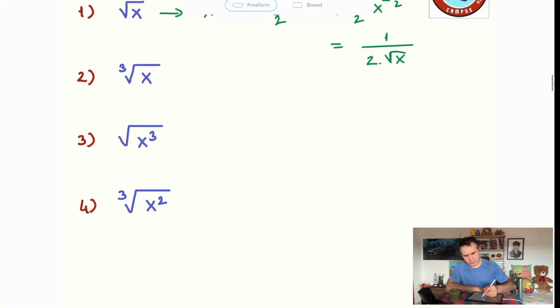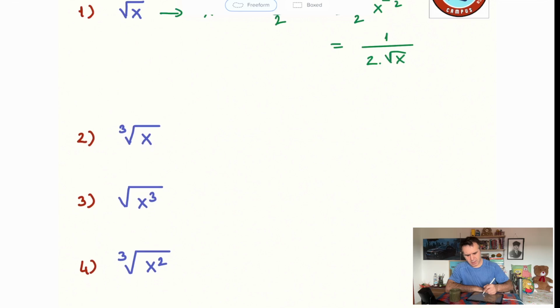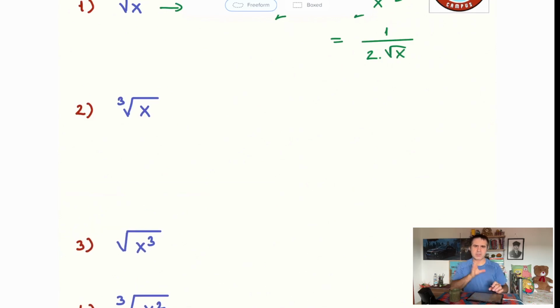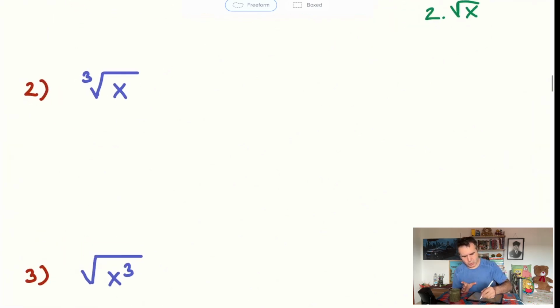And for the second function, again, you will always do the same thing. To take the derivative of a root function, we first rewrite it as a power function. So cube root of x will be equal to x to the power of 1 over 3.